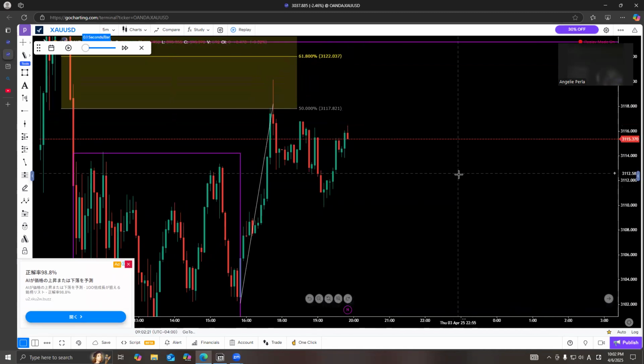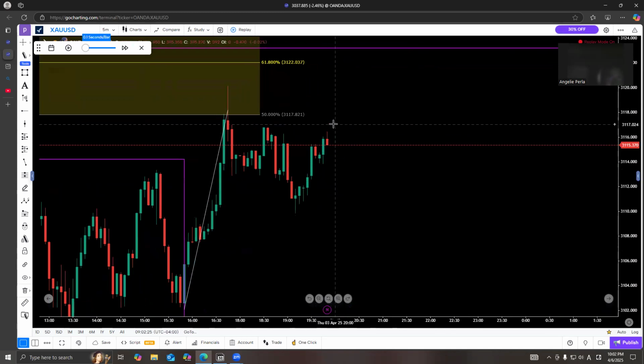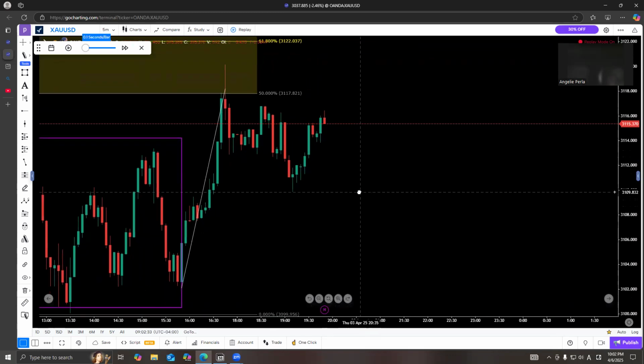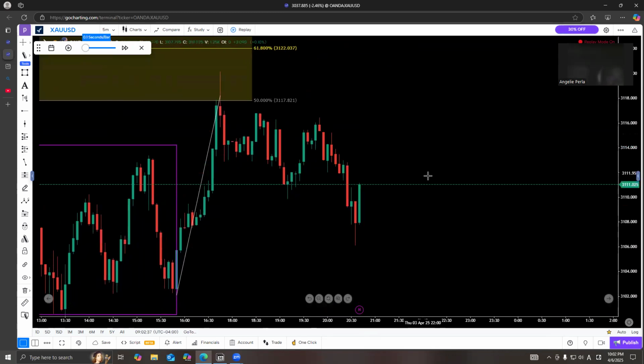So I was waiting for this bullish action right here to get invalidated and for some sort of strong bearish move for us to take our trade. So I was waiting.